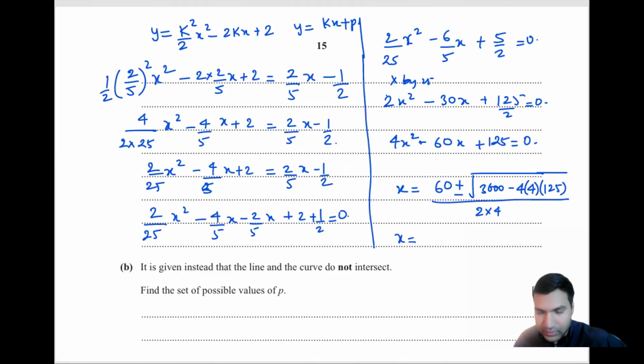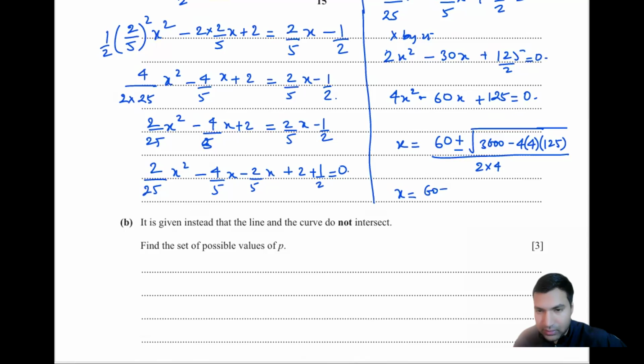So we get the value of x as 60 plus minus under root 3600 minus 4 times 125, 125 into 4 is 500. So these values you will get. So you can plug in the equation itself.